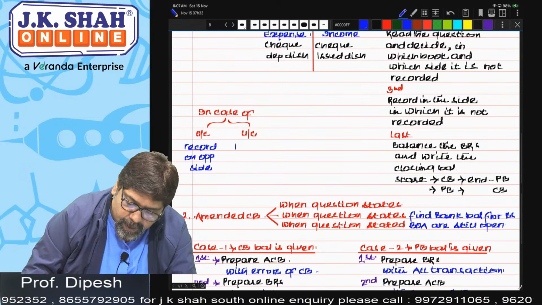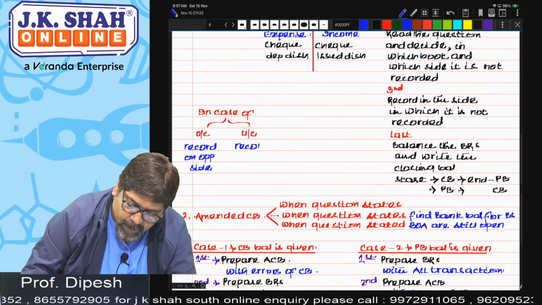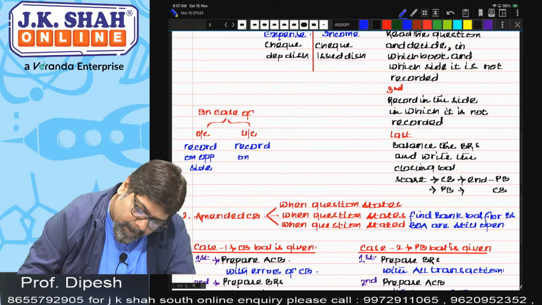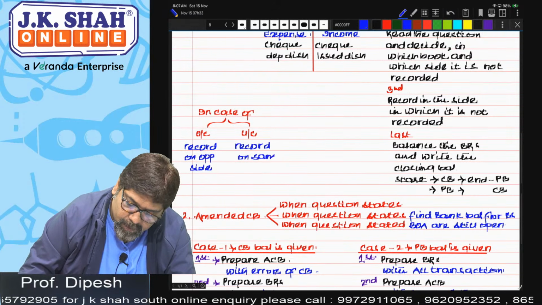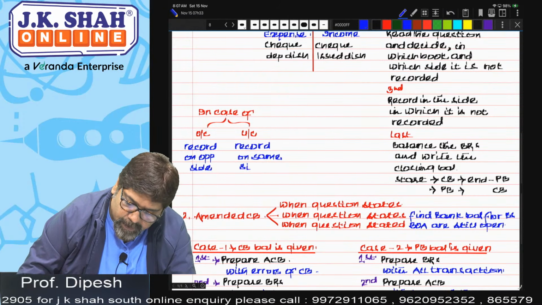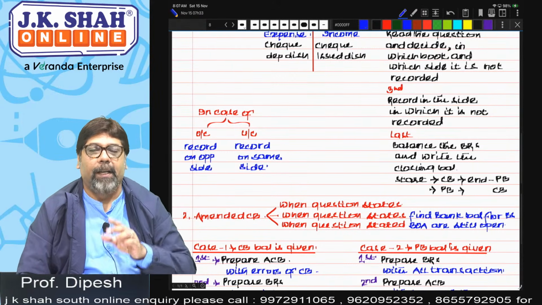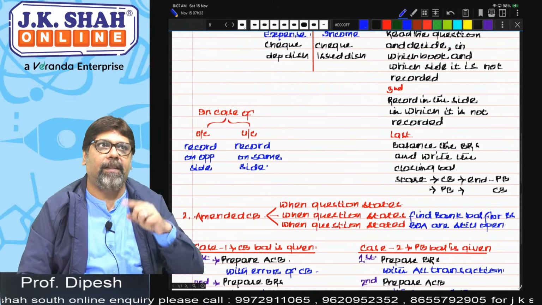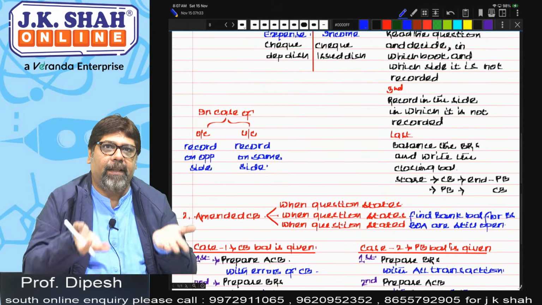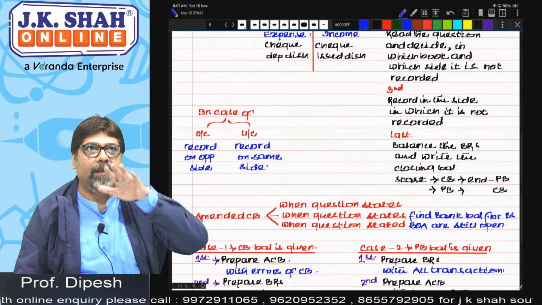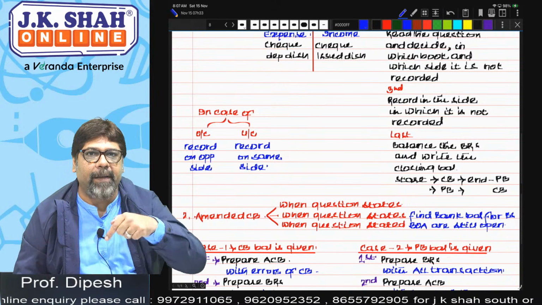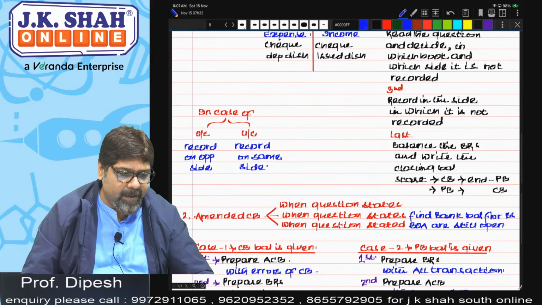In case of undercast, record on the same side. Understood? Debit side is overcast, so record on the credit side the same amount, so it will increase. Undercast, so if the debit side is reduced, record on the debit side to increase. Am I clear? Yes or no? Yes, sir.